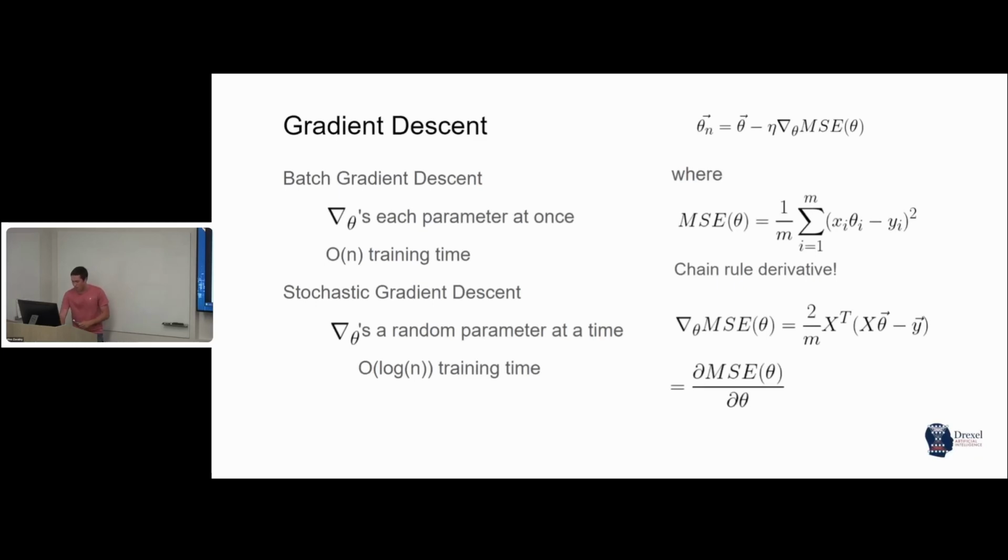If we have some parameter theta, the way we update it with gradient descent is: the current parameter is going to be the previous parameter minus this whole part of the function, where eta is the learning rate, times the gradient of the mean squared error.